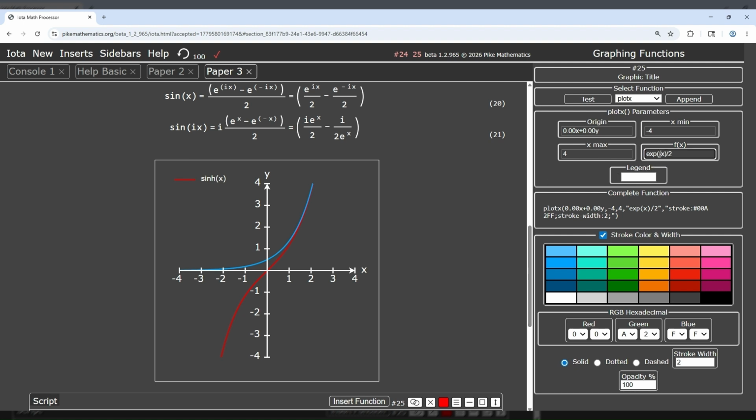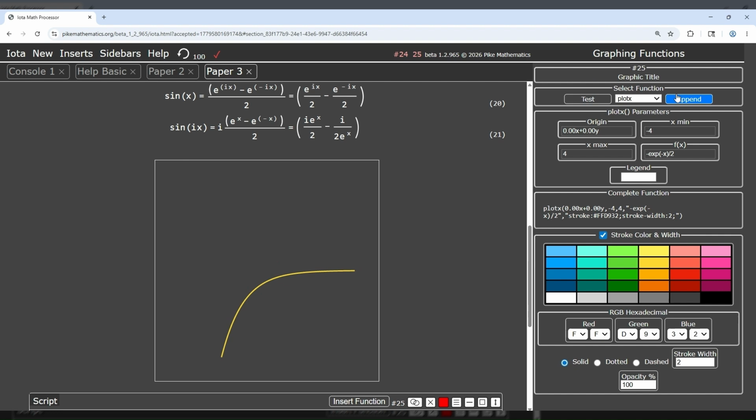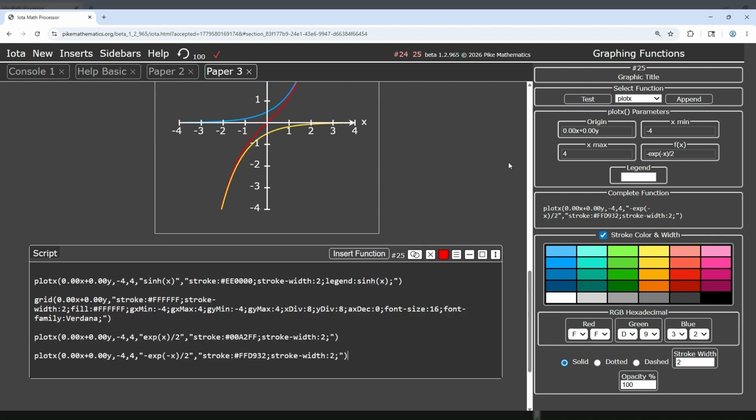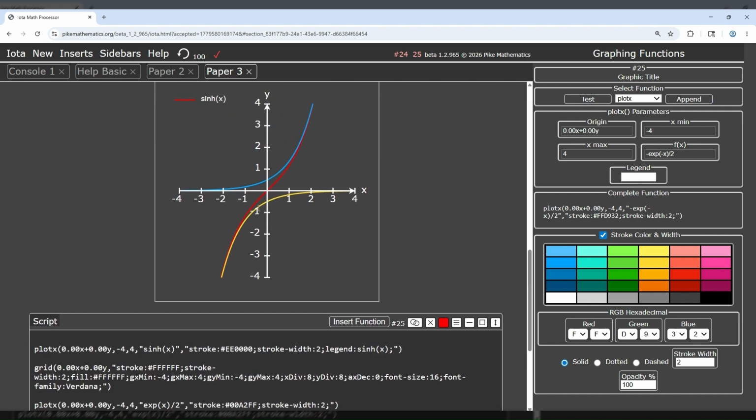I have to put a negative in there as well. And we'll make that one in yellow. Test it. Yep. So you can see as x gets larger in the negative direction, the hyperbolic sine function starts to follow very closely with negative e to the negative x over 2.